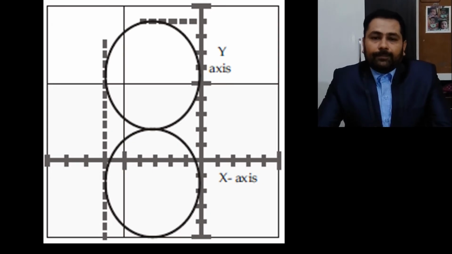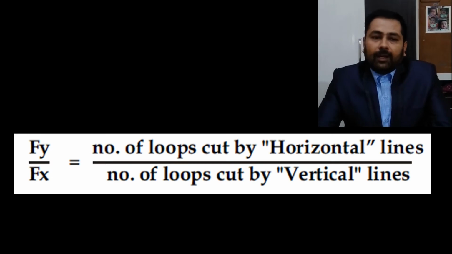Now we can calculate the frequency using this formula: fy divided by fx equals the number of loops cut by horizontal lines divided by the number of loops cut by vertical lines. Here fx is the known signal whose frequency is known to us from the function generator, and fy is unknown.